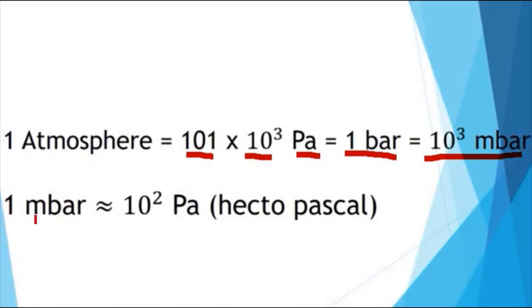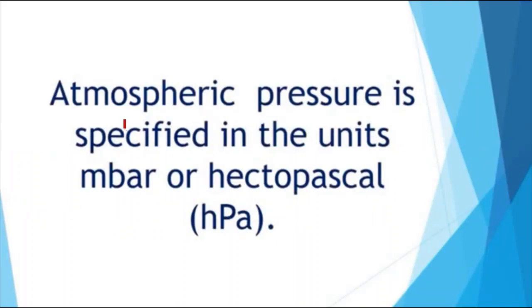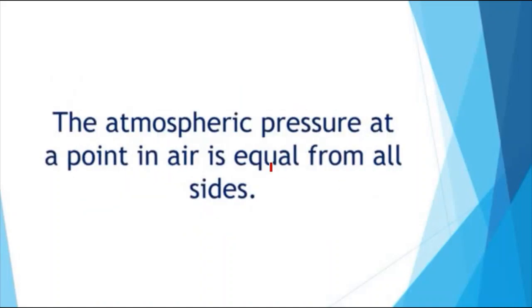And 1 millibar is nearly equal to 10 raised to 2 Pascal, which is also called as the hectopascal. Atmospheric pressure is specified in units millibar or hectopascal. The atmospheric pressure at a point in air is equal from all sides.